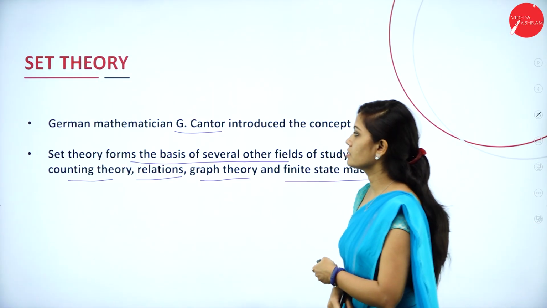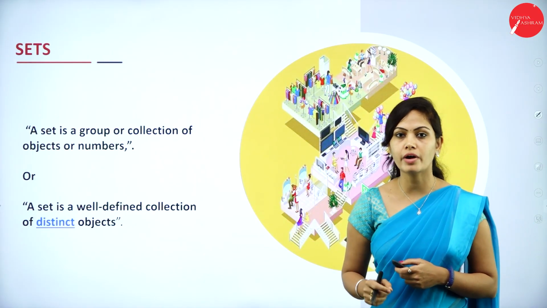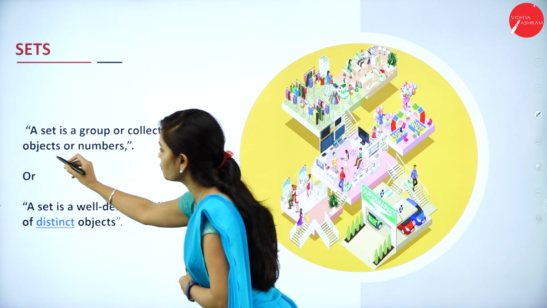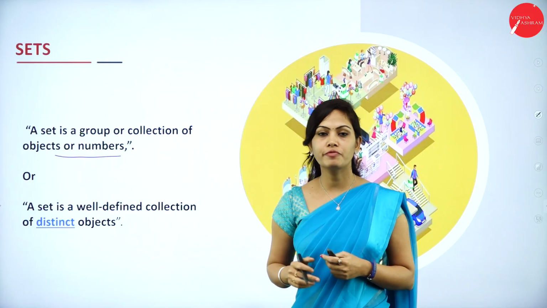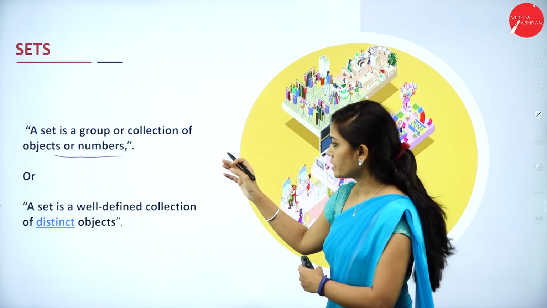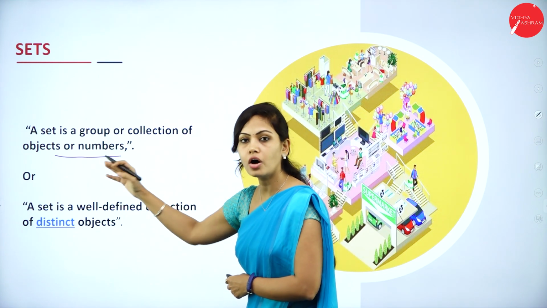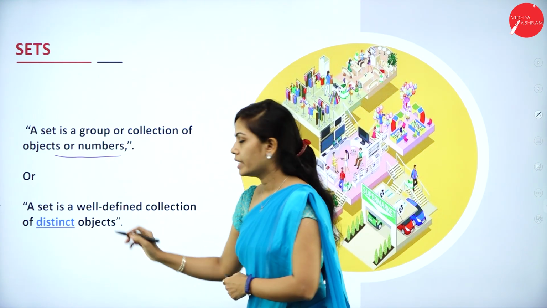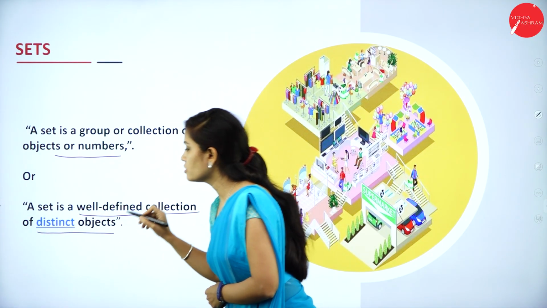So what are sets? A set is a collection of well-defined objects. A set is a group of collections of objects or numbers. We have many definitions of sets. Or a set is a well-defined collection of distinct objects.